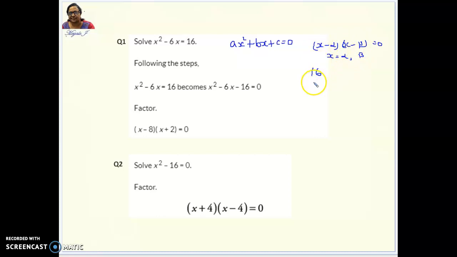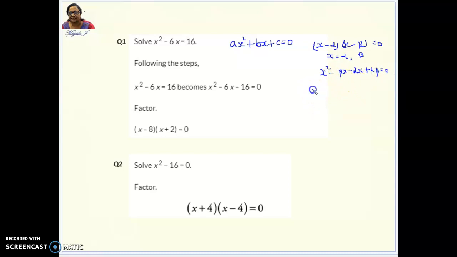When you multiply these two, you can see that x square will come as the first term, then minus beta x, then minus alpha x, and then plus alpha beta equal to 0.